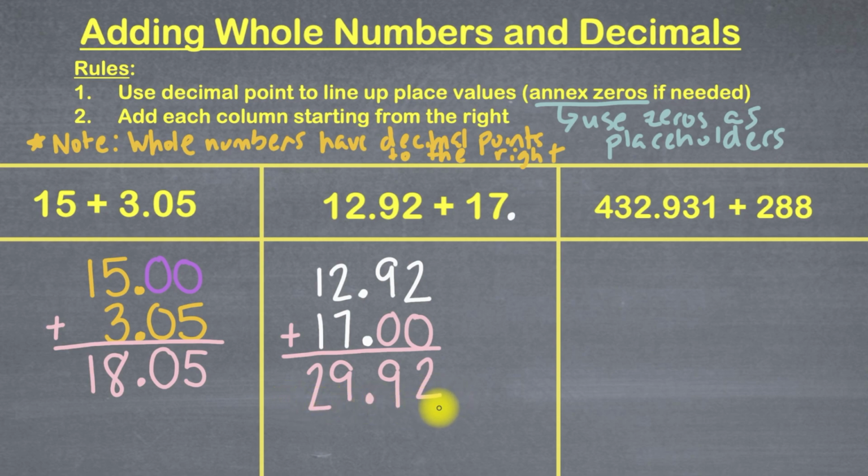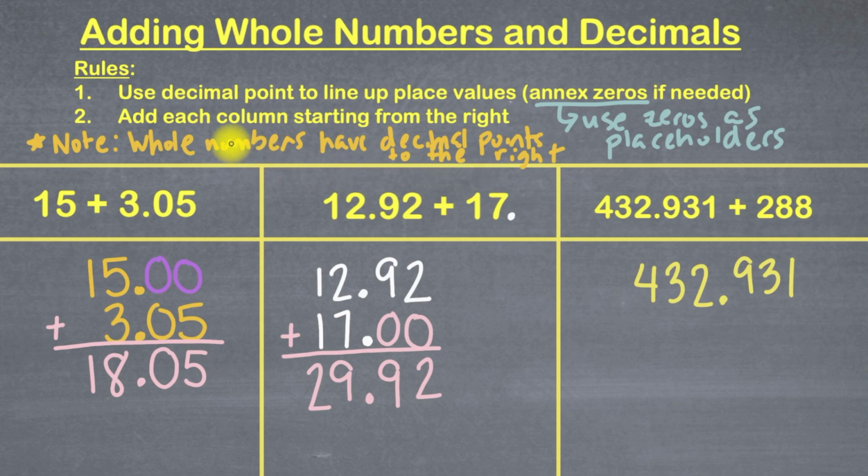Now let's get to problem number 3. This one's a bigger one, but the same rules still apply. So here let's write 432.931 plus 288.